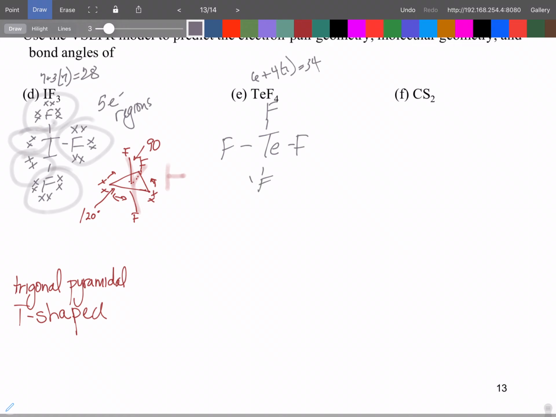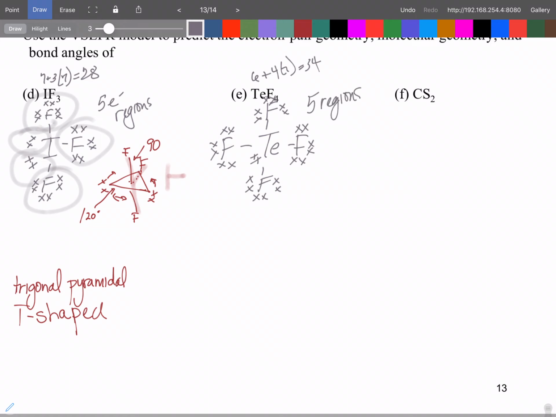So 2, 4, 6, 8, 10, 12, 14, 16, 18, 20, 22, 24, 26, 28, 30, 32, 2 left over, so they've got to go in a new position. So that's 34. So if you look at it and you count electron regions, you have 4 bonding and 1 non-bonding, so you're back to 5 regions.